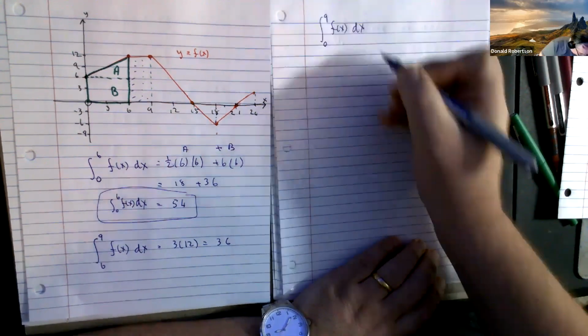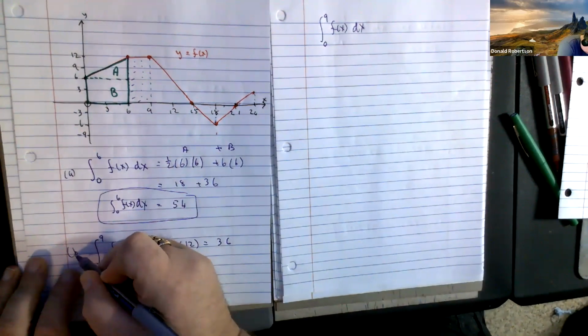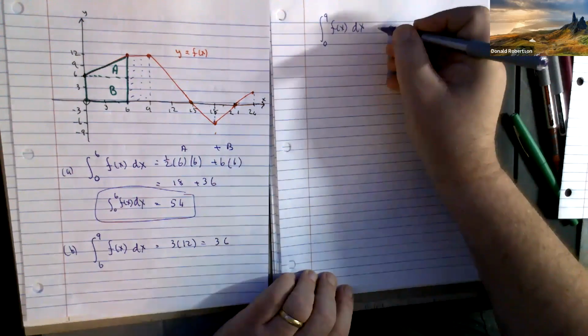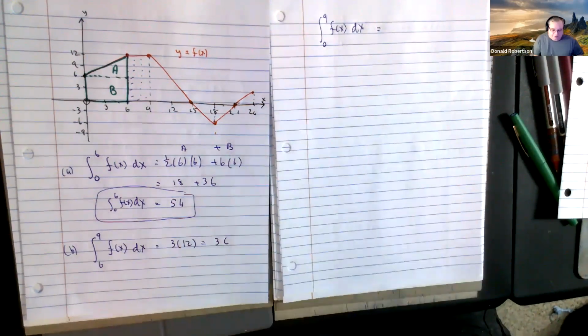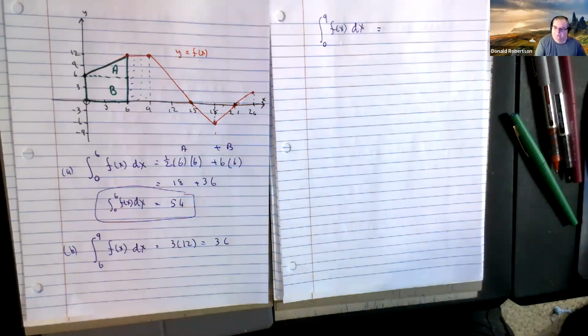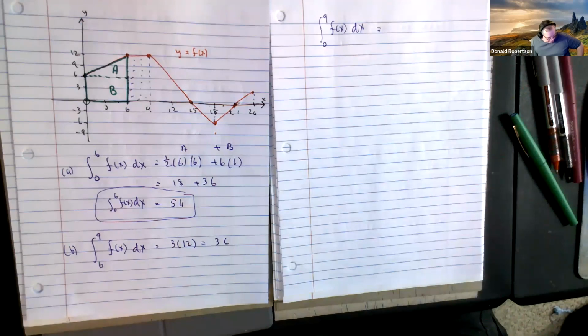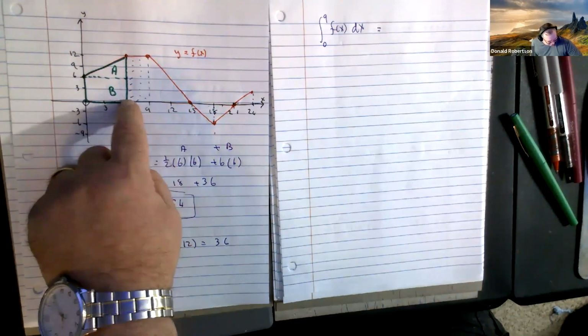Now, I want you to imagine that question A was this question and question B was this one. Is there any shortcut way I could get this area under the curve just using the previous two answers? I know this area is 54. I know this piece is 36.